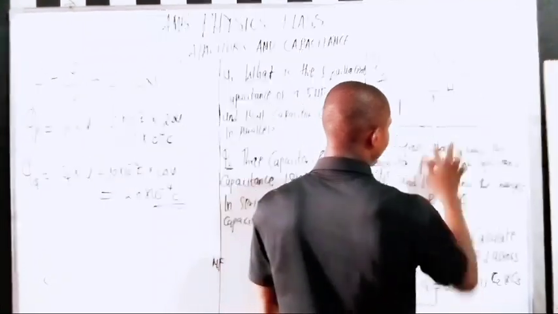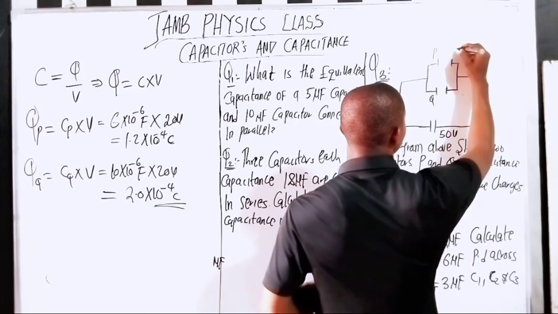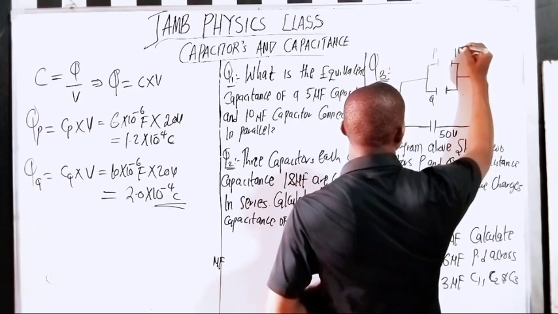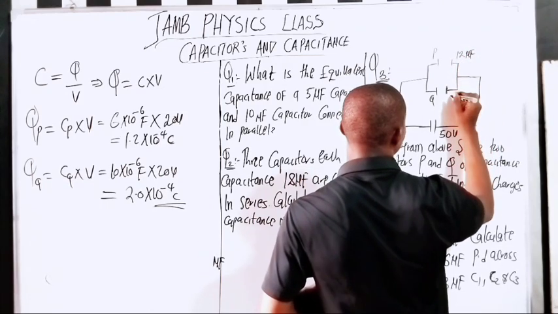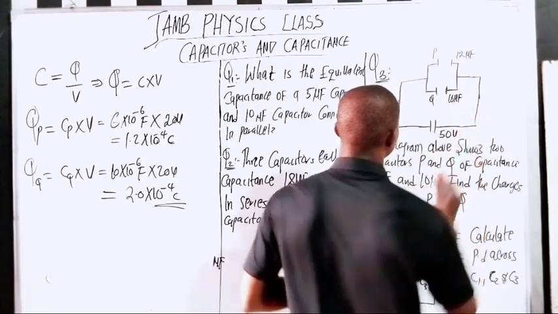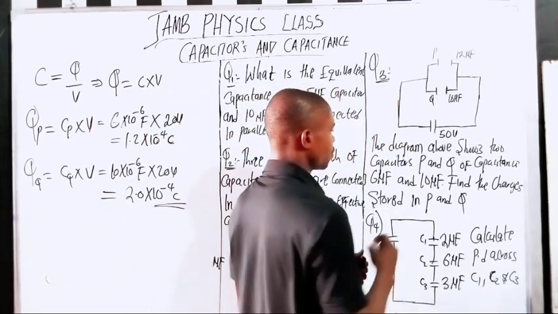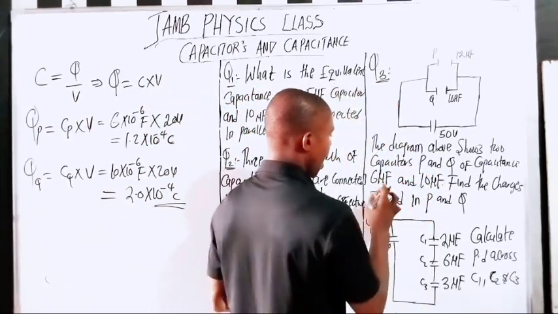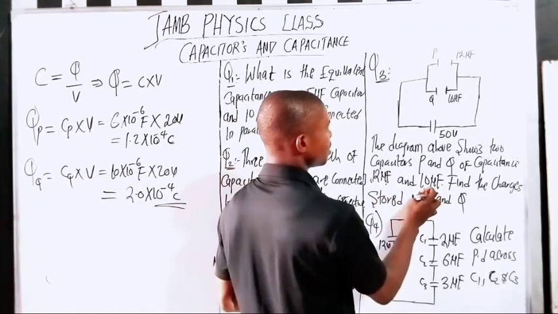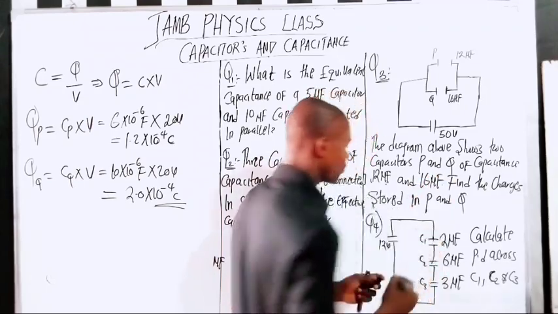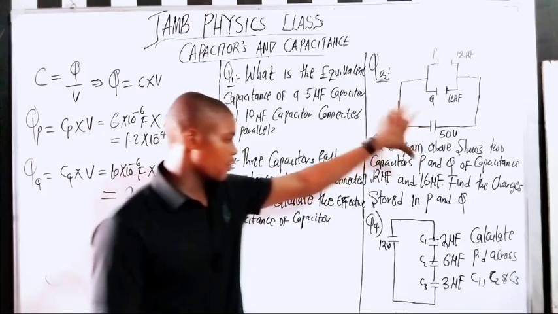Let us say we have 50 volts, and here we have 12 microfarad and 16 microfarad. Try question 3 for me. So P has 12 microfarad and this one has 16 microfarad. Go ahead and try to solve this one for me.